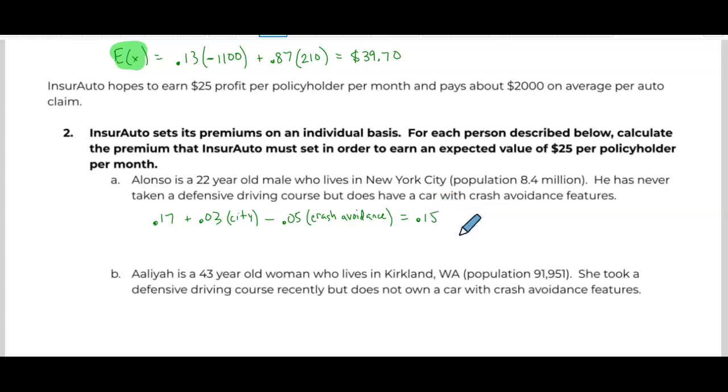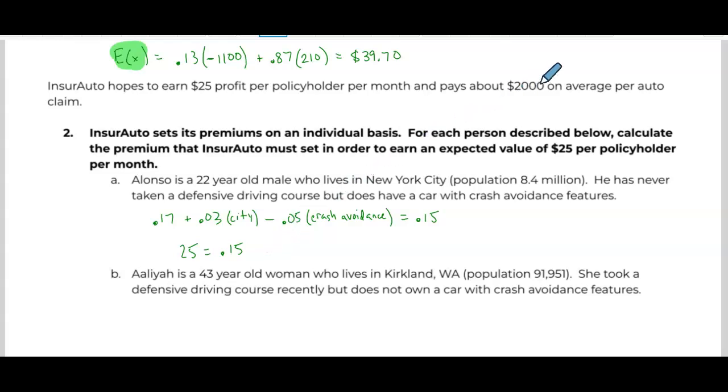in an accident. So if we want to earn an expected value of $25, where we would write EX here, I'm going to put a 25 because that's what we're hoping the expected value to come out to. All right, now I'm going to take the 15% times what that person is going to have to pay.